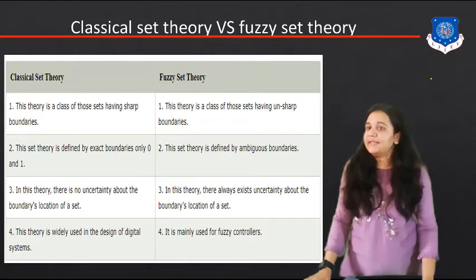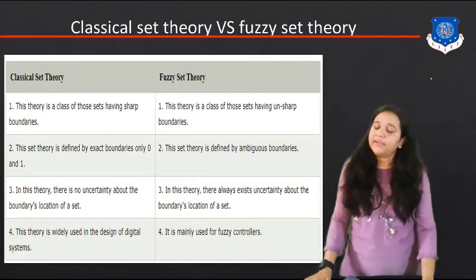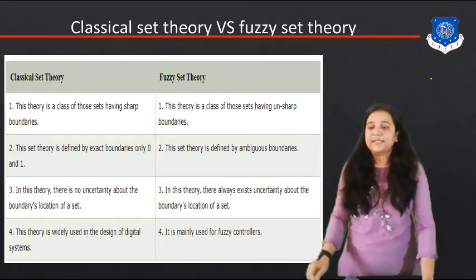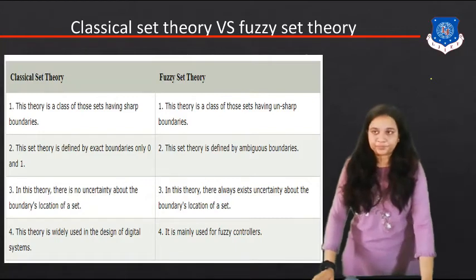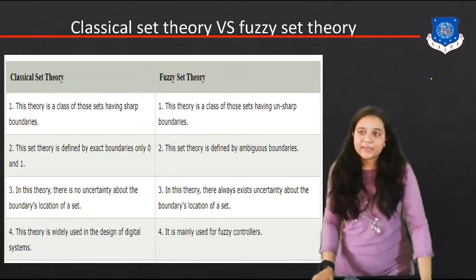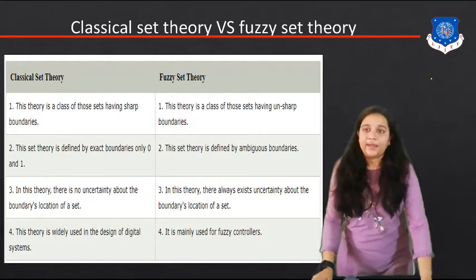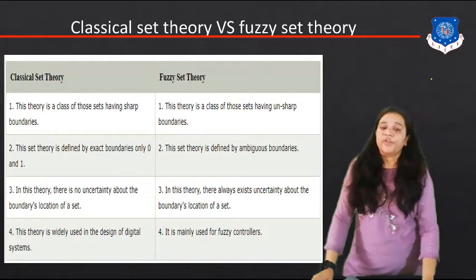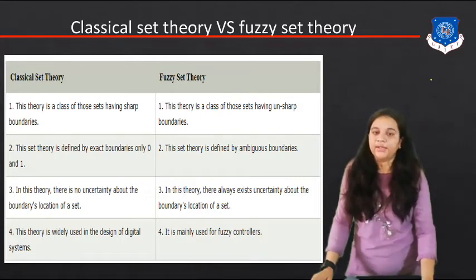And the classical set theory is widely used in the design of digital systems, and the fuzzy set theory is mainly used in the fuzzy controller, because in the classical set we deal with only true or false conditions. So the main application of the classical set theory is the digital system, and the fuzzy set theory is used in the fuzzy controller because we know about the values between the 0 and 1 condition.